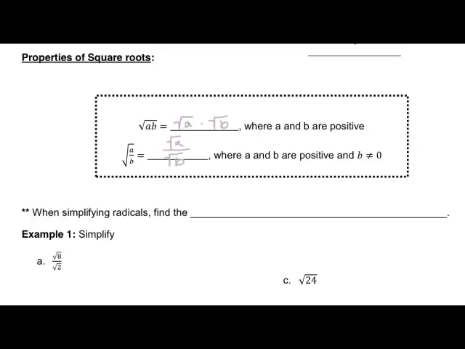Another key thing to remember when we're simplifying radicals is that you need to find the prime factorization. You may recall this as being called a factor tree. I'm going to show you a different method of getting a prime factorization that I think makes a lot of sense. So again, we can use our multiplication rules for square roots, our division or fraction rules, or prime factorization. We're going to look at an example of each of those below.